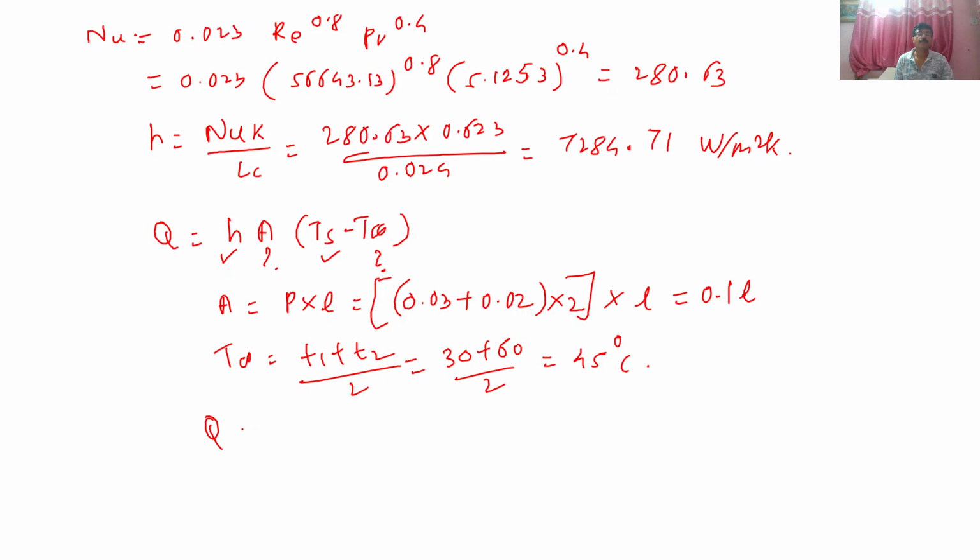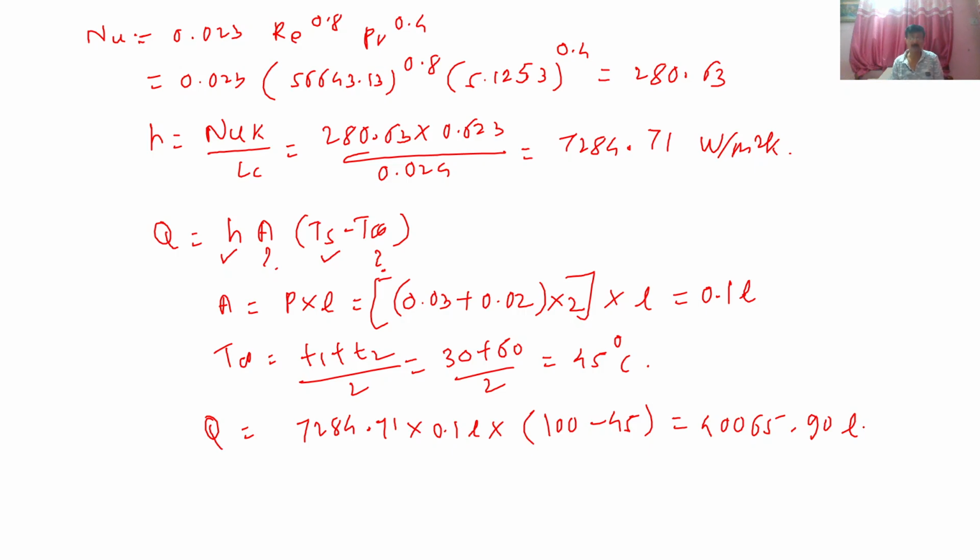So what is Q? H, 7284.71 into 0.1 L into Ts 100. Condensing steam means 100 degrees Celsius minus 45. If I solve it, the answer of Q is coming as 40,065.90 L. We will just check whether it is right or wrong.